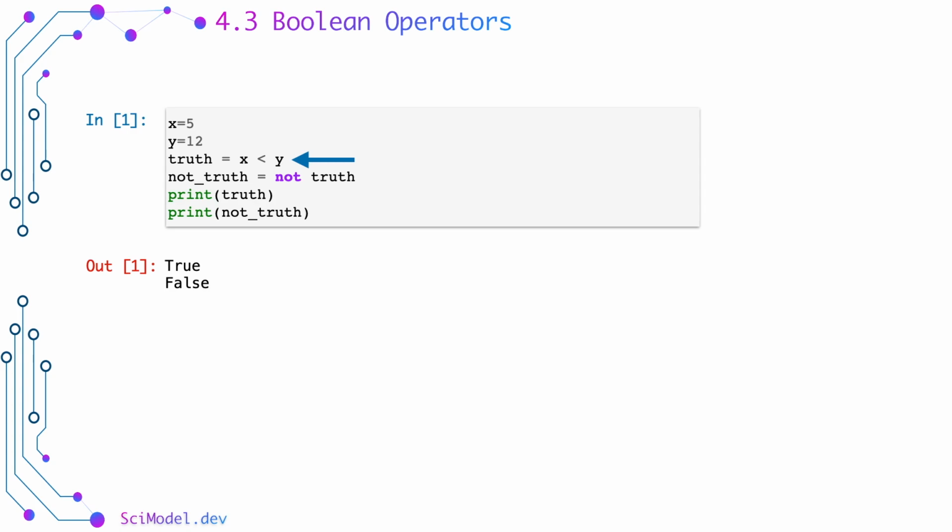In this case, the value of the variable truth is true since x is less than y. The second variable is not truth. This variable uses the not operator to flip the Boolean value of the truth variable and saves it in the not truth variable. As you can see in the output of the code, the Boolean value is flipped.